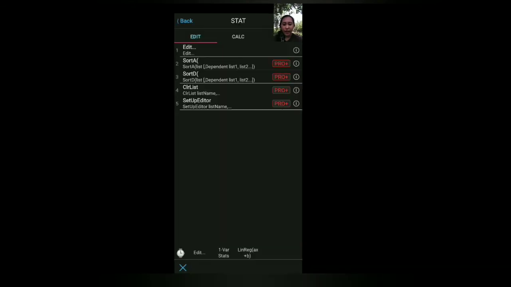The first move is that we're going to press stat, and then edit. I listed all the data population already, from 49.4, as I have shown a while ago, up to 43.94.